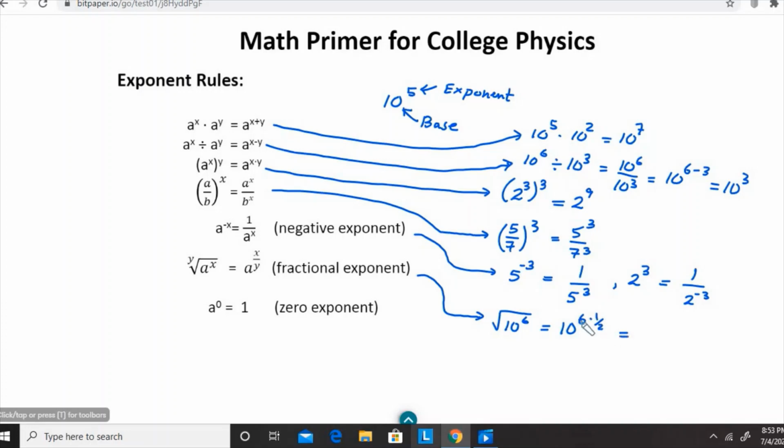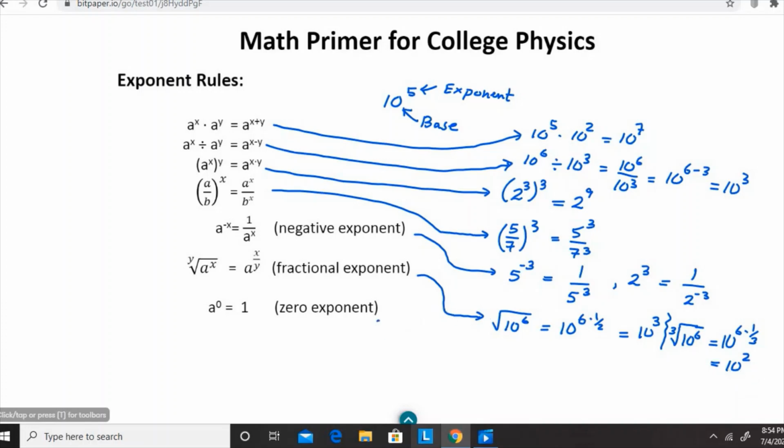So then 6 and 2 cancel out, so you get 10 to the power 3. Or we can think about a cube root of 10 to the power 6. So in this case, again, we can simplify this, 10 raised to the power 6, and the exponent is multiplied by 1/3. And then you can see the answer would be 10 raised to the power 2, or 100.